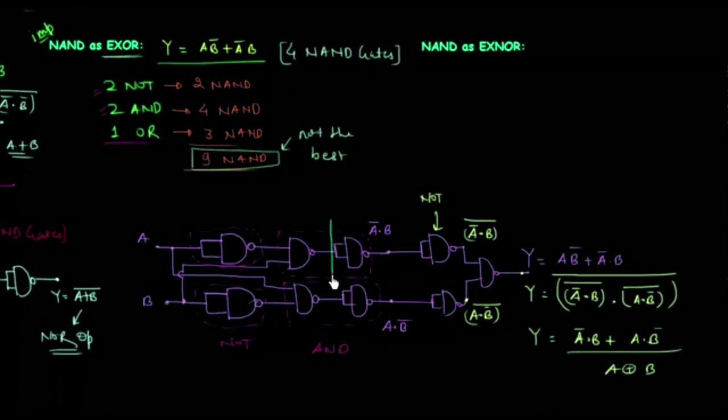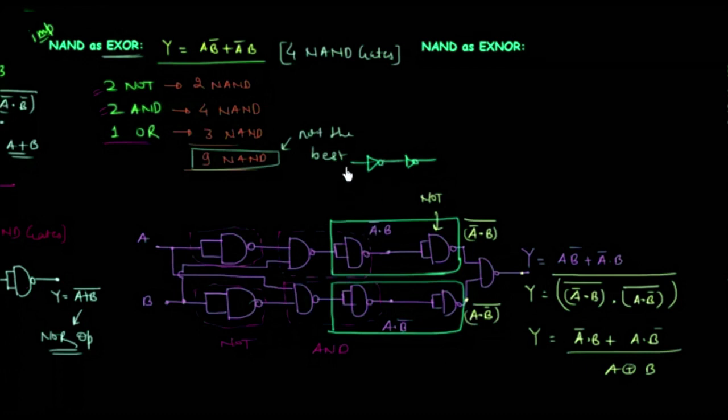We are using NOT gates like this, and if you use NOT gates in this manner, let's see what we have. If A is the input of this NOT gate, here we'll have A complement, and finally we will have A again. So we are getting the same function by using the 2 NOT gates in this manner.